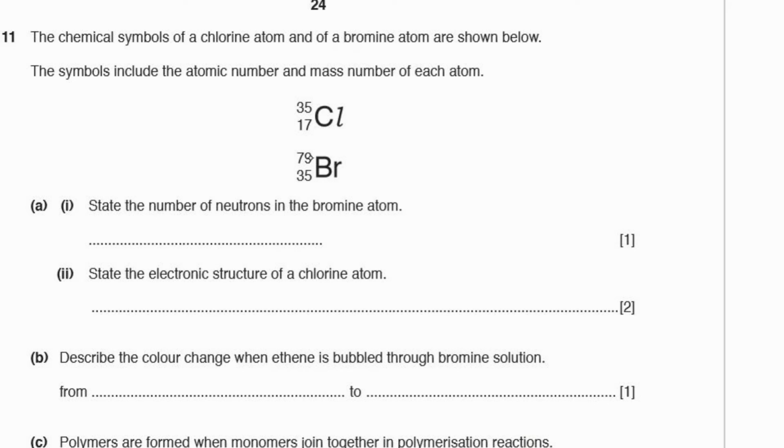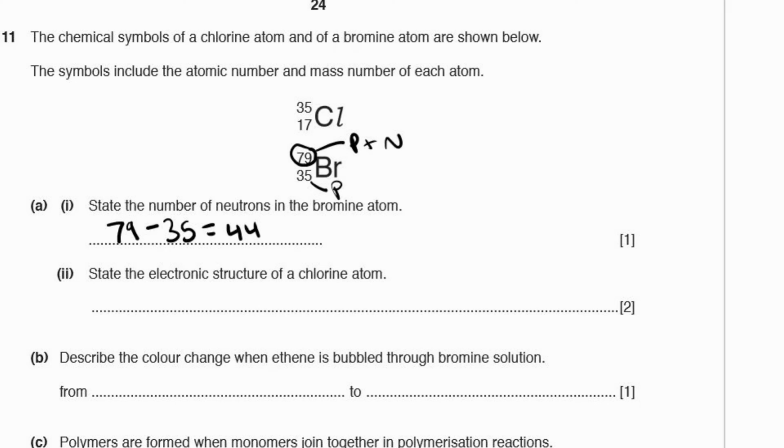So in the bromine atom, the mass number includes the protons plus neutrons, and as the atomic number can also be called the proton number, that includes just the protons. Okay, so that is 79 minus 35, which equals 44.